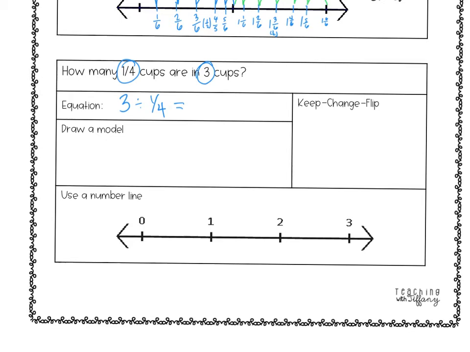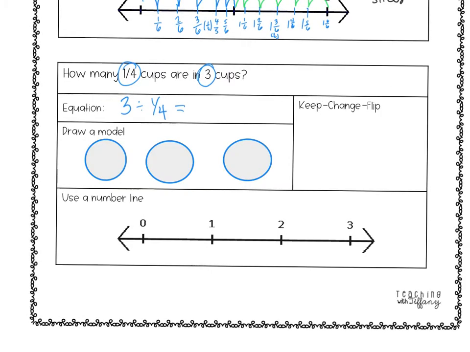So I'm going to draw 3 cups, and then I'm going to take my 3 cups and cut them into fourths. That means I'm going to cut them into 4 pieces each. So there's 2, and there's 4. There's 2, and there's 4. There's 2, and there's 4. And each of these parts equals 1/4 of a cup.